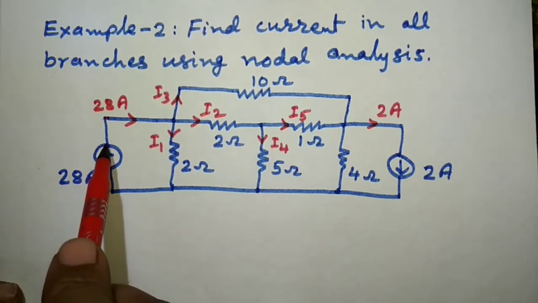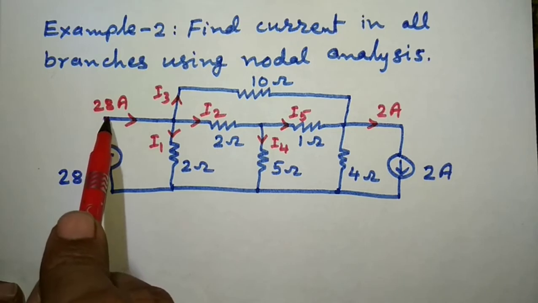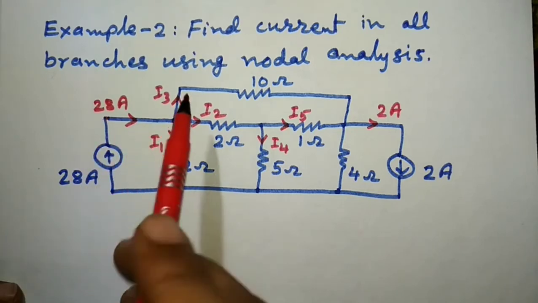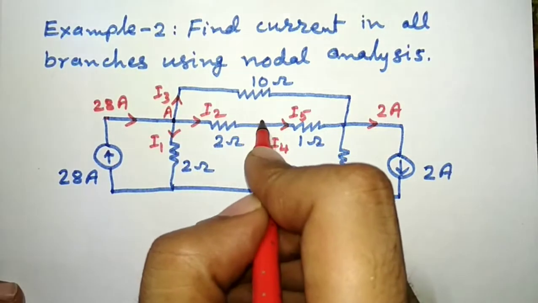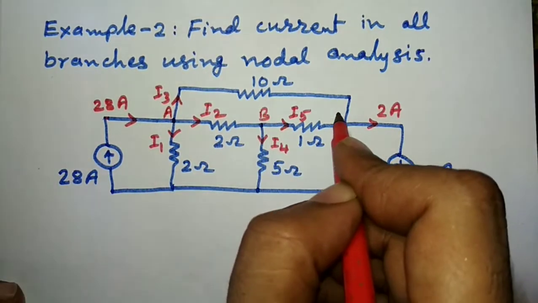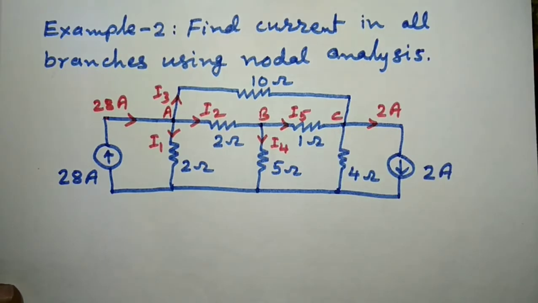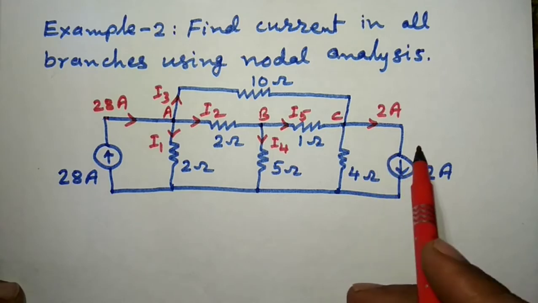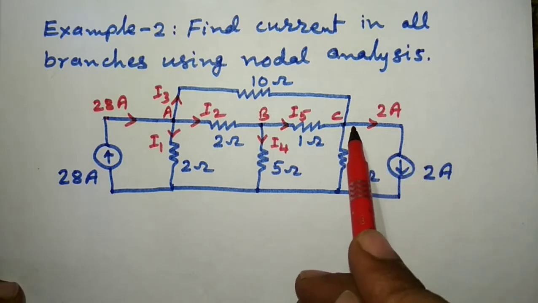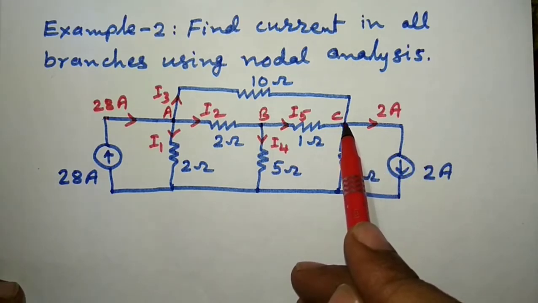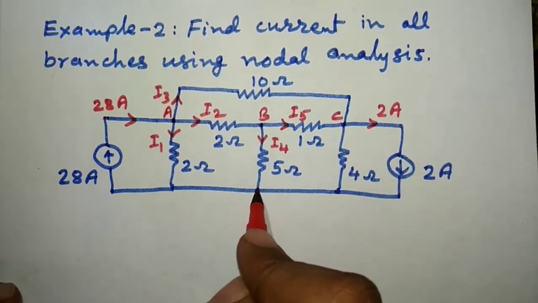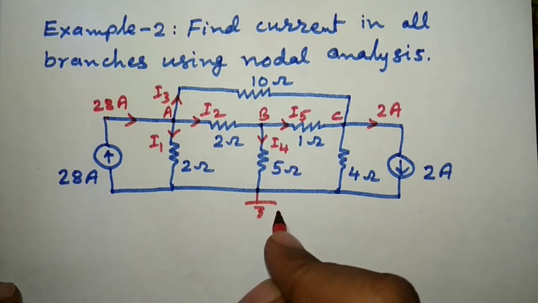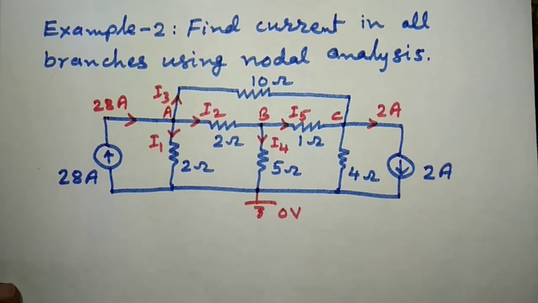So the direction of the current will be upward and 28 ampere current will enter at junction A. This is junction B and this is junction C. Similarly, this is also the current source of 2 ampere and it is downward. That means the 2 ampere current will flow from junction C in the outward direction. Here it is the fourth junction and that will be of zero potential.